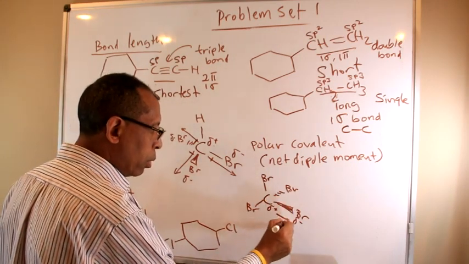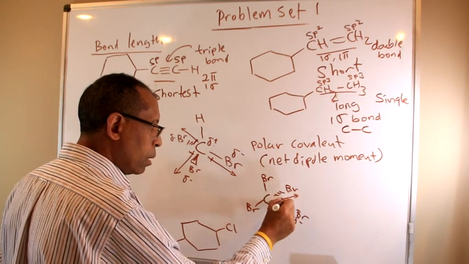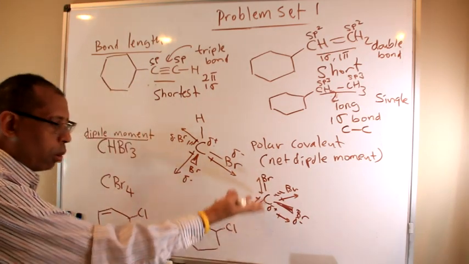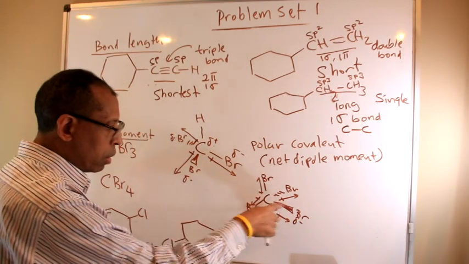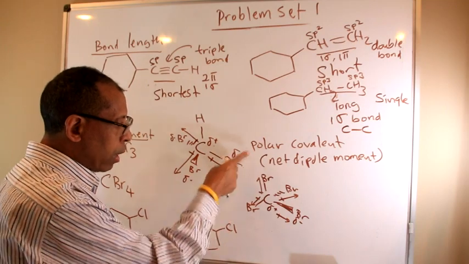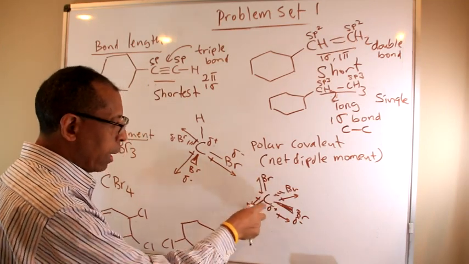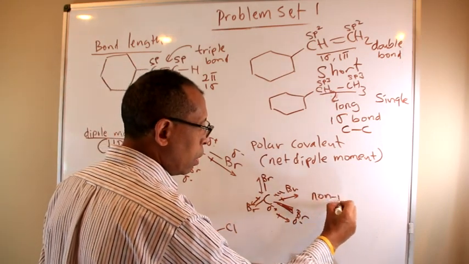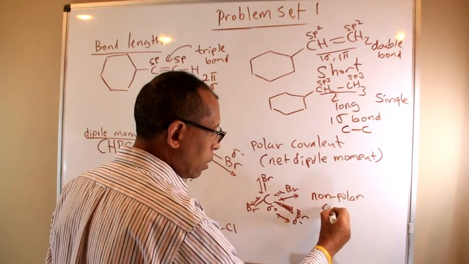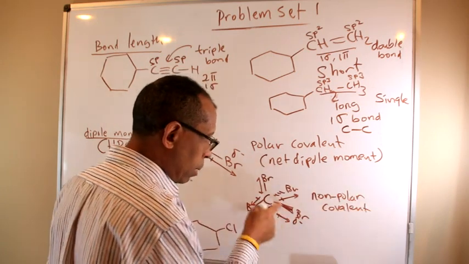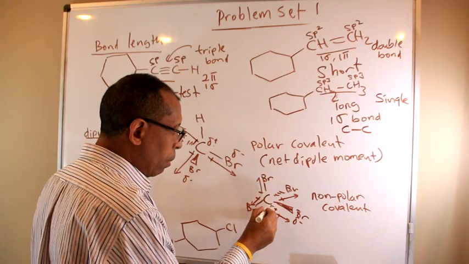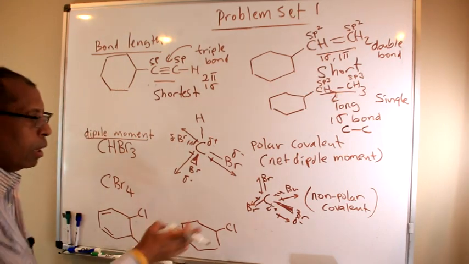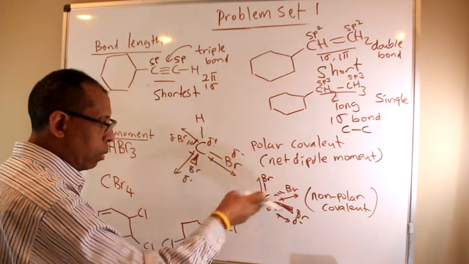Therefore the dipole moment pulls that way, and that way. Even though we have all these bromines with all this dipole moment around it, the vector sum of all of those cancel out. Therefore this is non-polar covalent. The bonds are polar covalent, each one of them, but as a whole the molecule is non-polar covalent because the dipole moment cancels out in all directions.